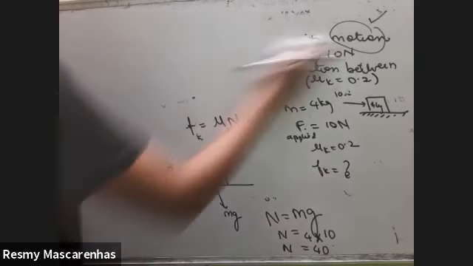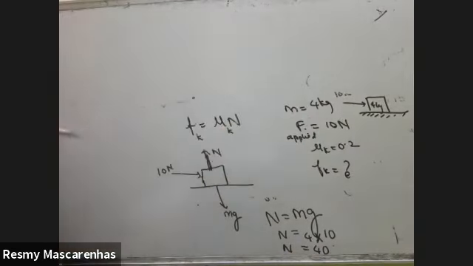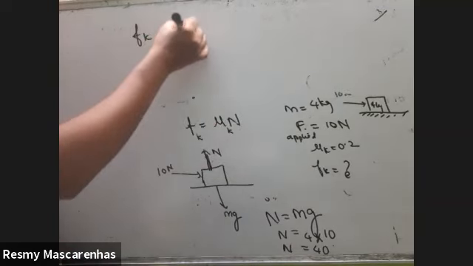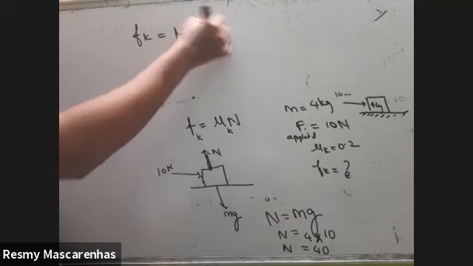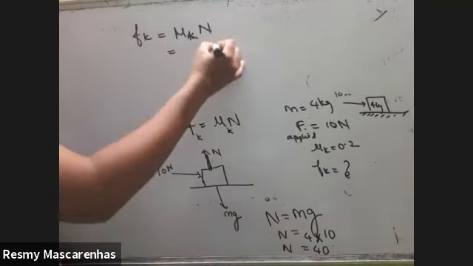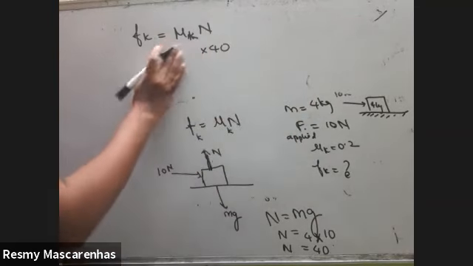Next, we'll calculate this now. Kinetic friction is nothing but mu N. So this we already got as 40, and this is given as 0.2.